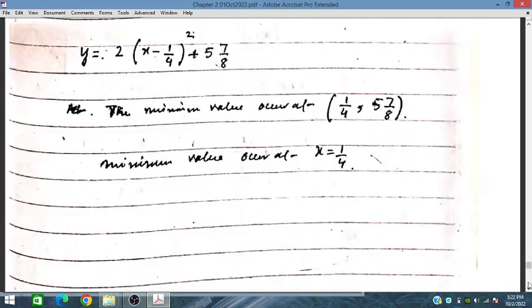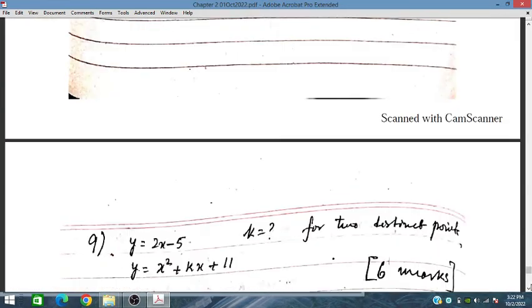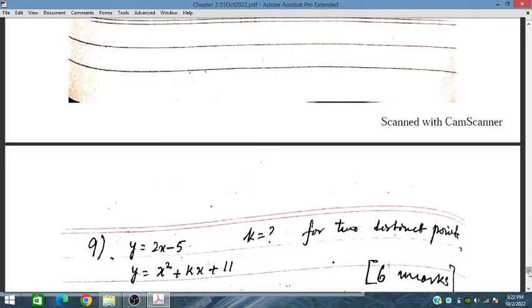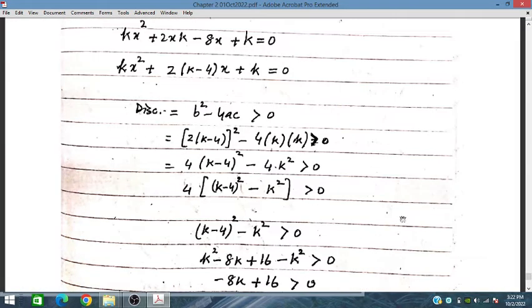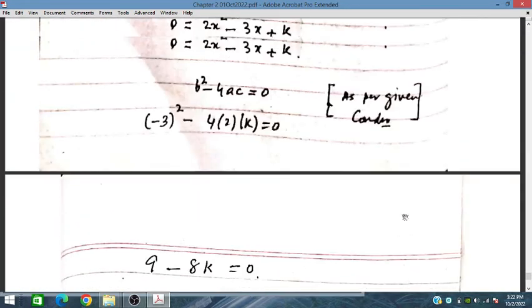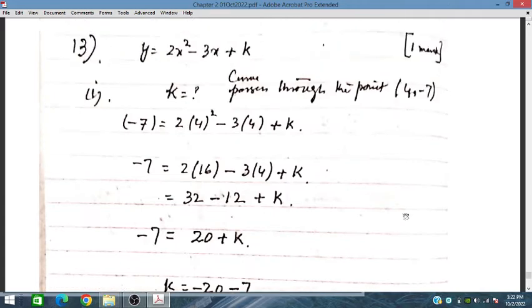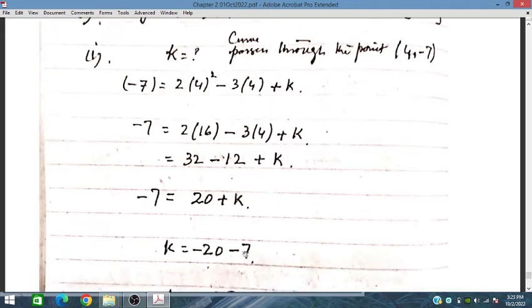So 13th. This curve passes through the point, so the values of x and y will be placed here. This curve will satisfy these points. As a result, we will get the value of k.